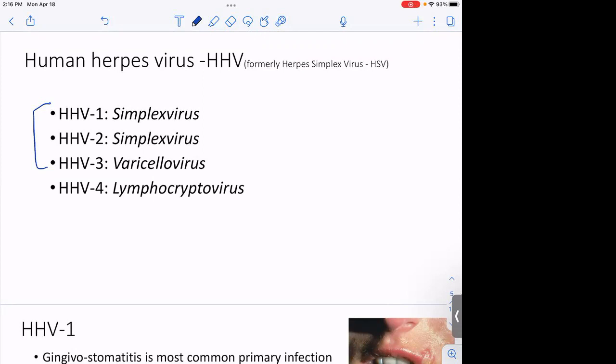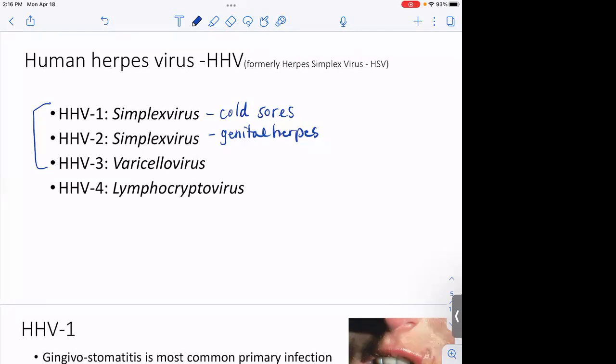But HHV1 is cold sores, sometimes referred to as above the waist herpes. And then HHV2 is genital herpes, sometimes referred to as below the waist herpes.